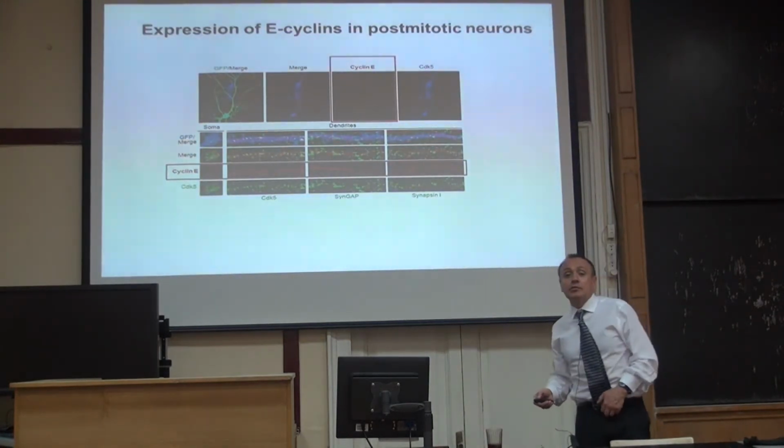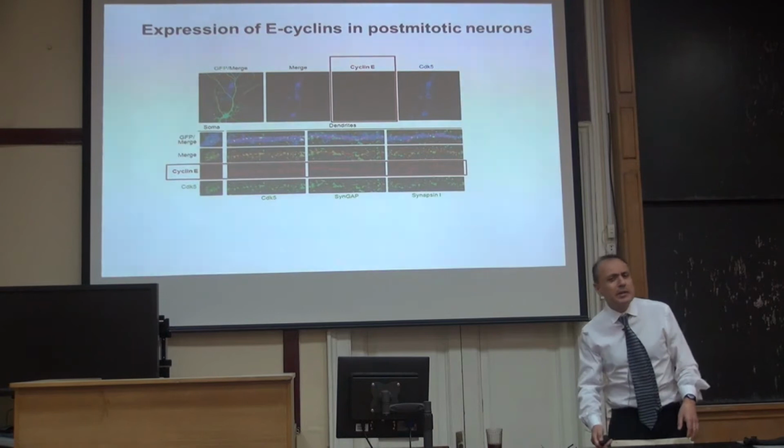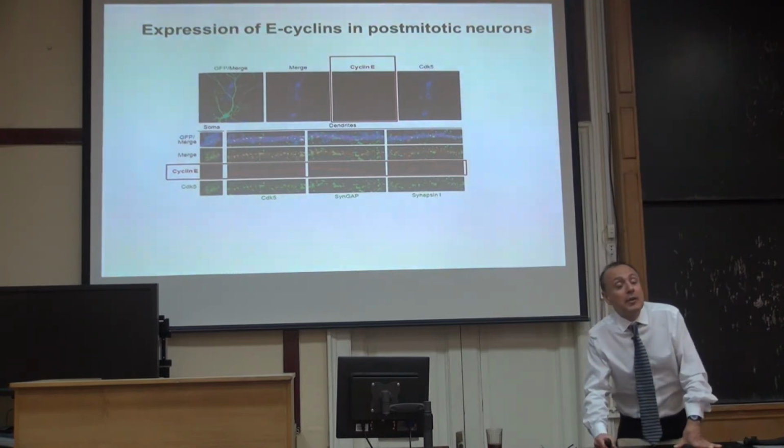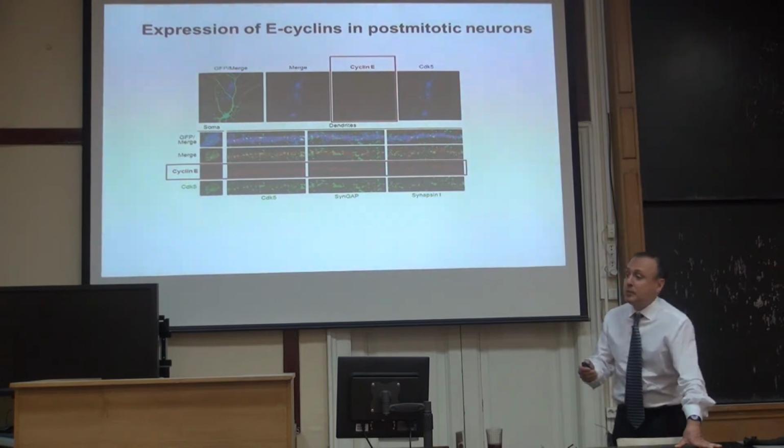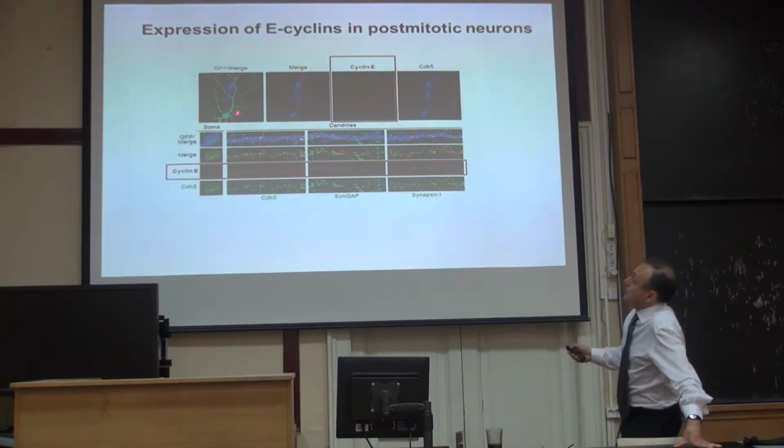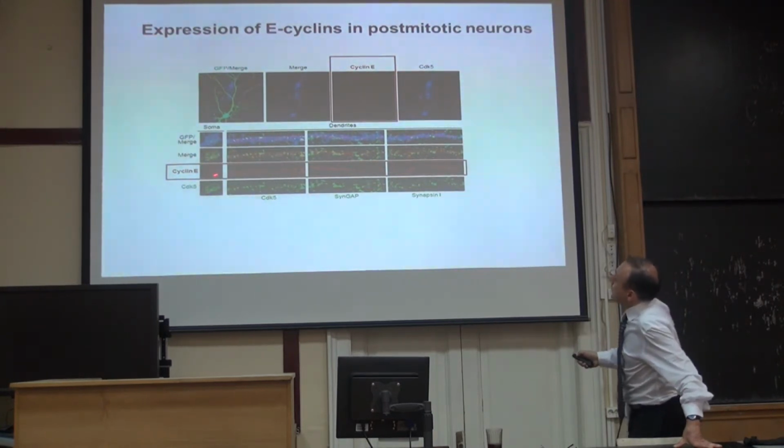So we have a pathway for how to find out what cyclin E is doing in a brain. The first experiment Junko did is that she took neurons, she cultured them, and then she did confocal staining for cyclin E. You cannot see it very well here, but maybe better here, where you can see that cyclin E is expressed in cell soma and dendrites and neurites. So cyclin E is expressed everywhere.